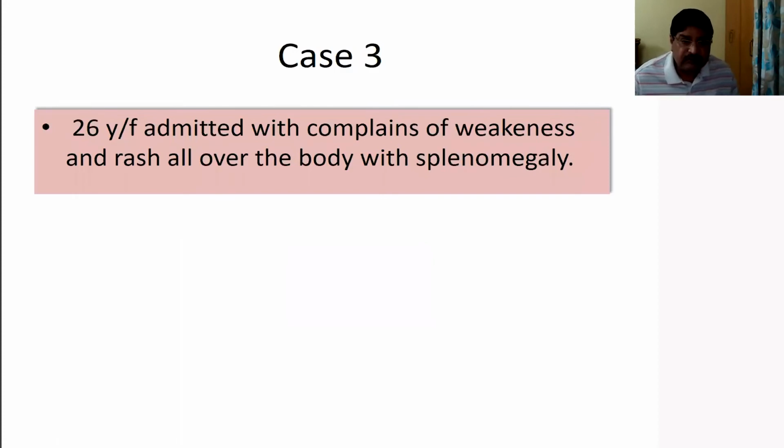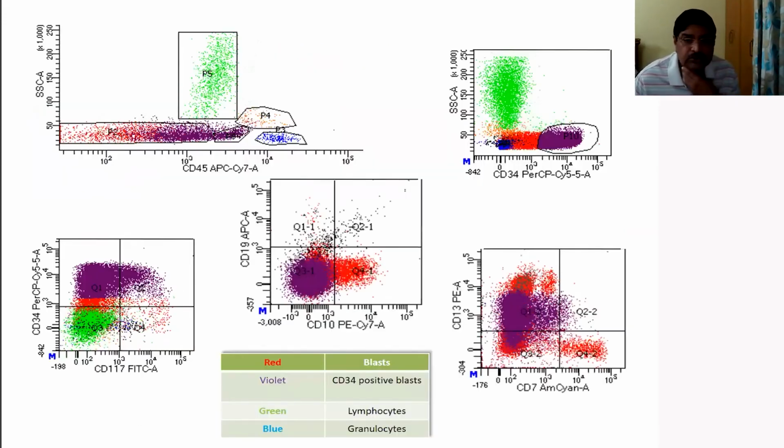In the third case, you have a 26-year-old female admitted with complaints of weakness and rash all over the body with splenomegaly. Next. So straight away to flow cytometry. What you find is that you have these violet cells and these red cells which are flat on the ground.